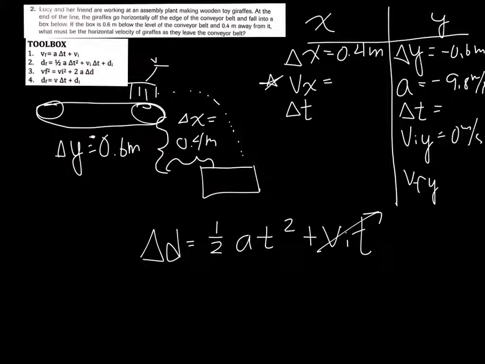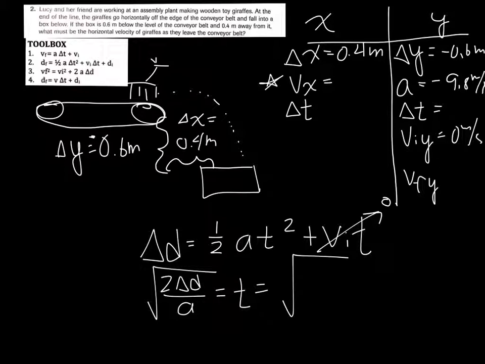Again, v initial t is 0 because my initial velocity is 0. My change in position is something I can plug in. I need to solve for t here, so t equals the square root of 2 times change in position over acceleration.